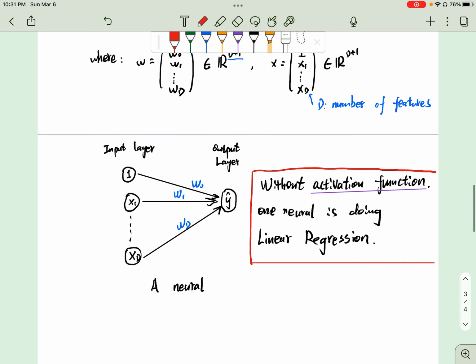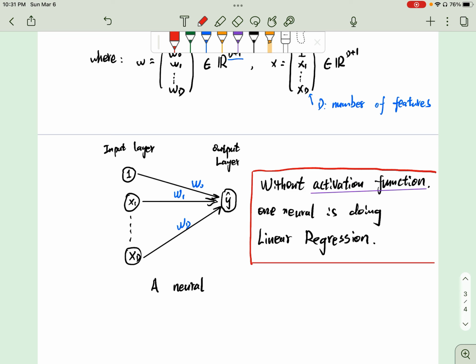You may have read some papers or seen someone talk about artificial neural networks, which is just putting many neurons in one model.